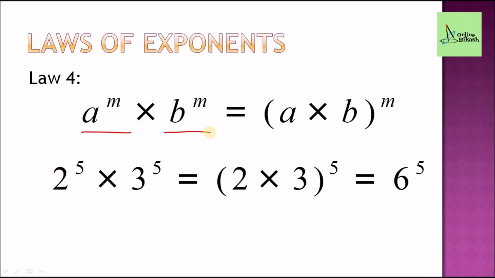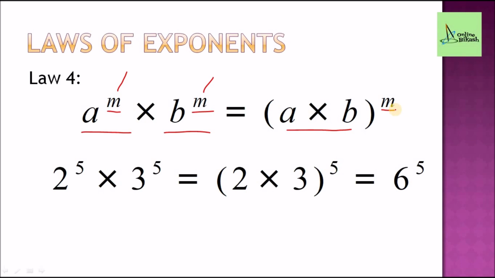In fact, they are different, a and b. But you have seen the power is m here and the power is m here. That means in both the numbers the power is common. So what we will do, we will write the product of the bases, that is a into b, whole to the common power, that is m.